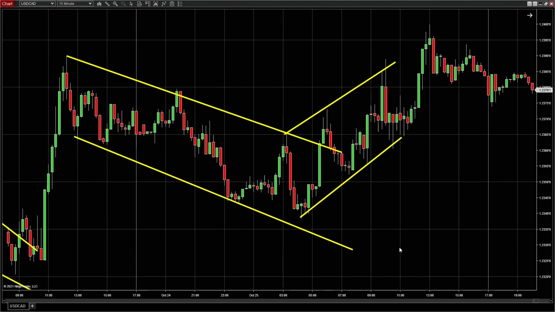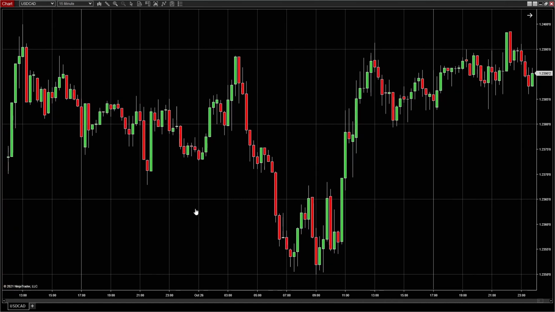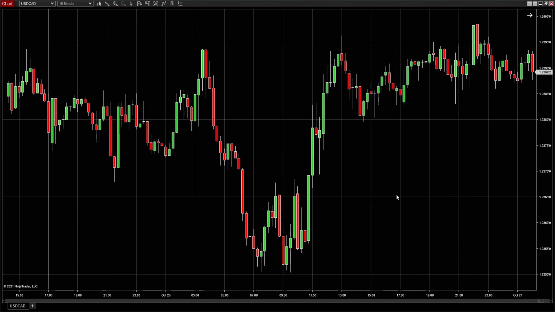Okay, so this is the one we just talked about. Another thing you can see is that the reason we're getting here, the high here, and also the high here, is because we are testing the previous day's high. Next day, it seems to be a very similar pattern, a downward trend here, but the channel is tighter.